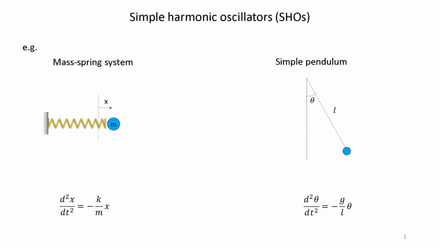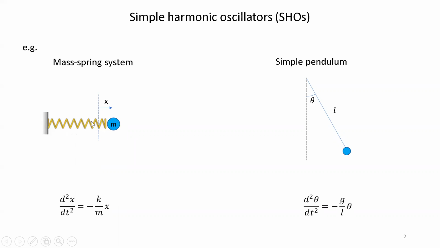The full name is simple harmonic oscillators, right? So it's just what you have learned before. I'm sure that you have learned about this mass spring system and this simple pendulum. In this case, you have this mass attached to a spring, and the other end of the spring attached to a fixed point. And if you just stretch the spring, such that the mass is displaced to one side, what it does afterwards is oscillate like this.